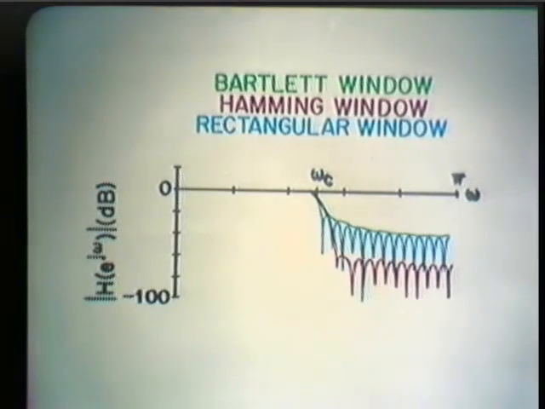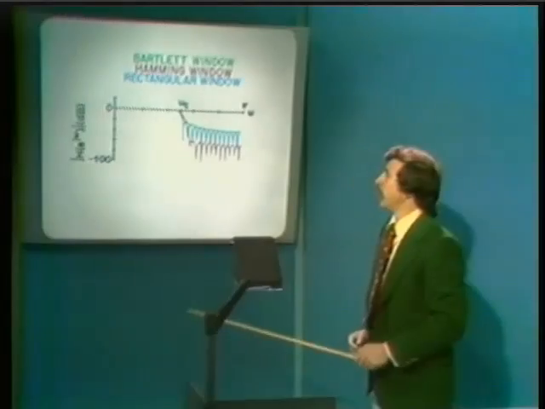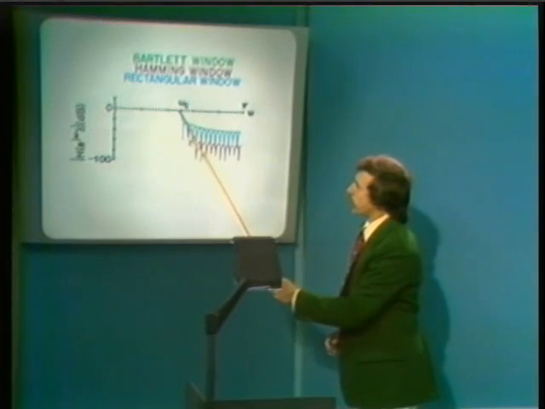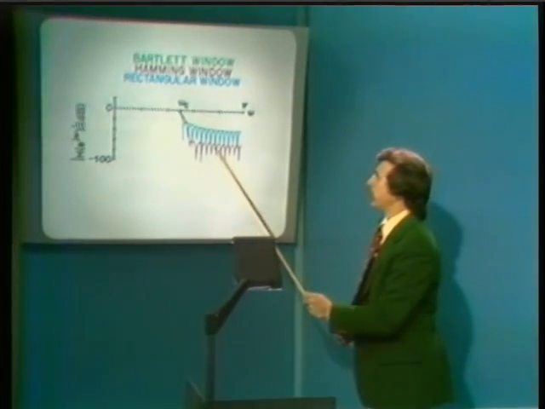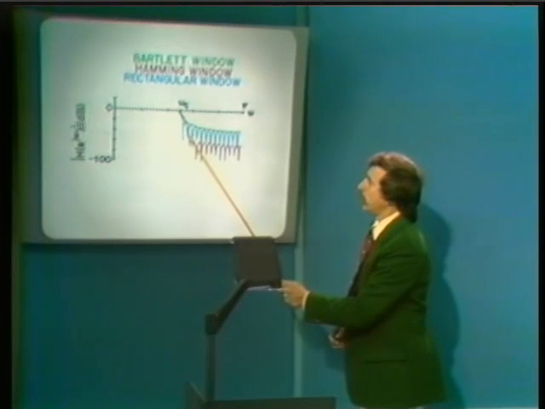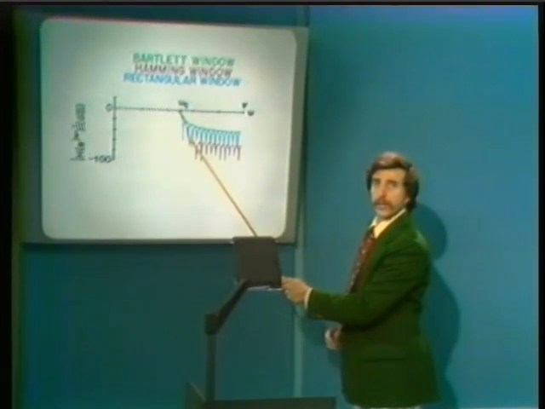And in general, this is a type of trade-off that arises again and again in the design of, actually always in the design of digital or analog filters. In particular, in using windows, there is always this trade-off between improved stop band attenuation and a wider transition band.